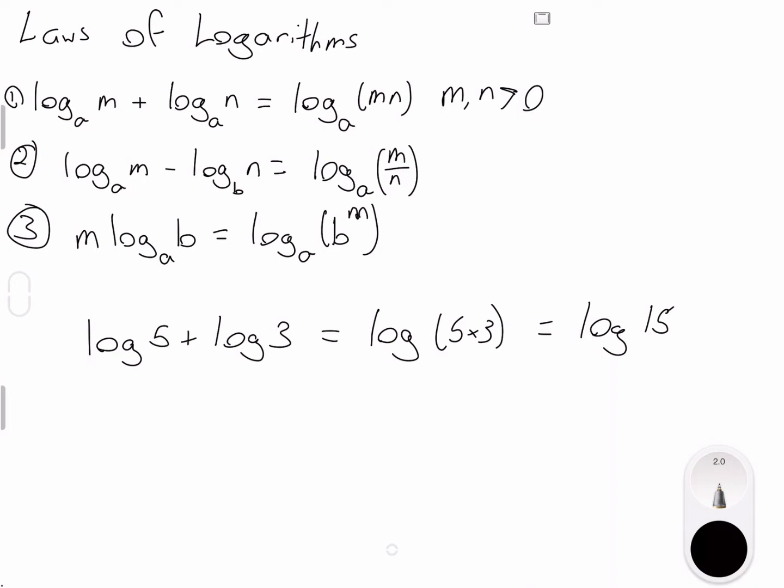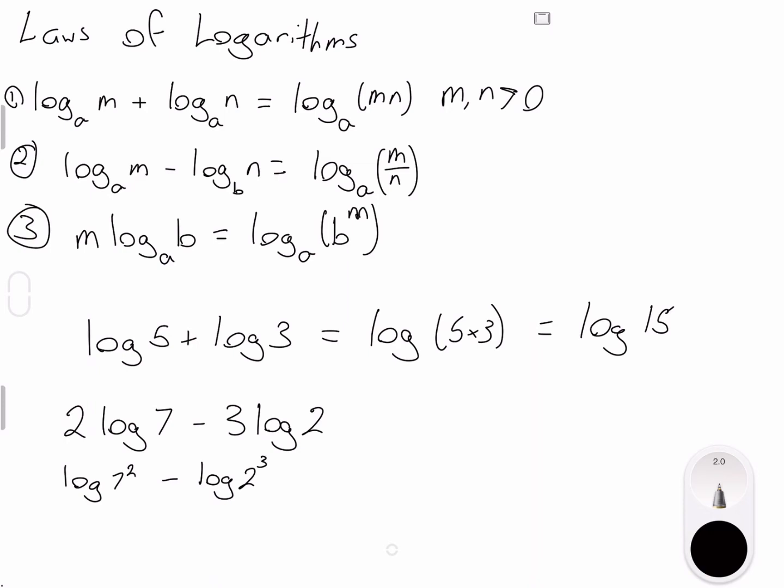And let's look at another example. What if I go 2 log 7 take 3 log 2? Let's make it a bit more interesting. Alright, so this is going to combine laws 2 and 3 together. So this becomes log 7 to the power of 2 take log 2 to the power of 3.